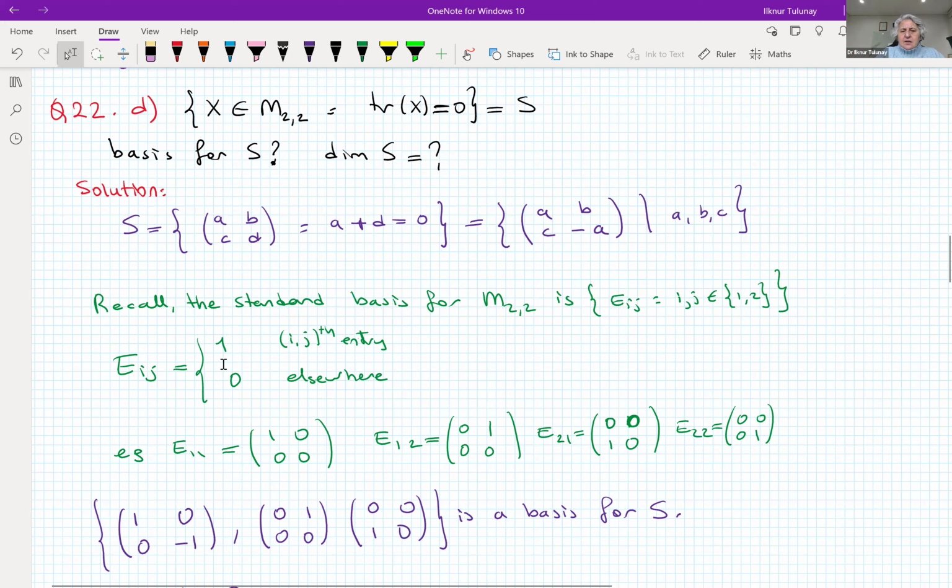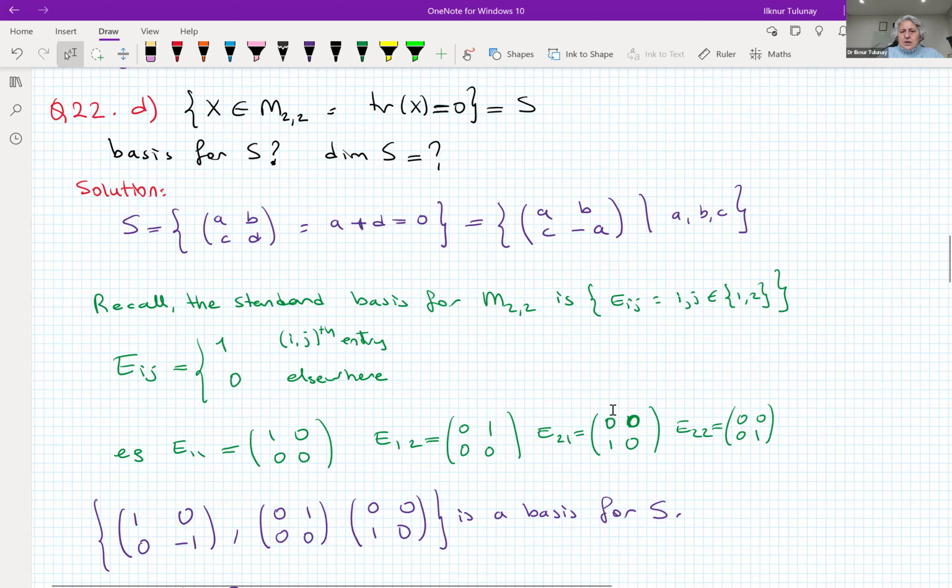For example, E11 means that the position 1,1 has 1 and zeros elsewhere in the matrix. E12 will have 1 in the place 1,2 and zeros elsewhere. Similarly, E21 has 1 in the position 2,1, second row, first column, and 0 elsewhere. E22 has 1 in the 2,2 position, and zeros elsewhere. So this is the basis for M22.